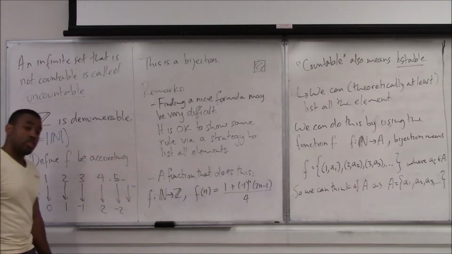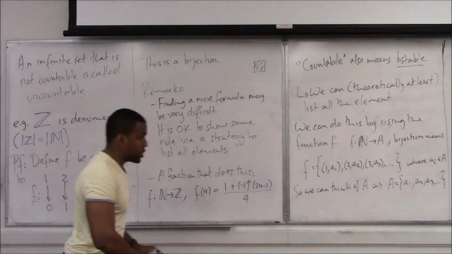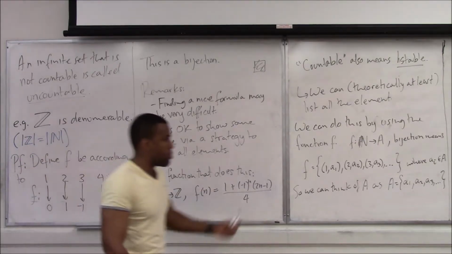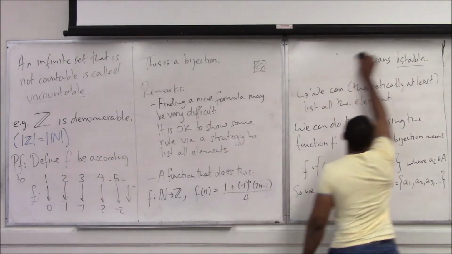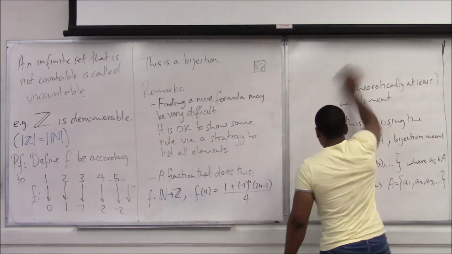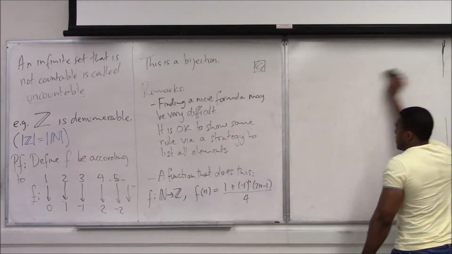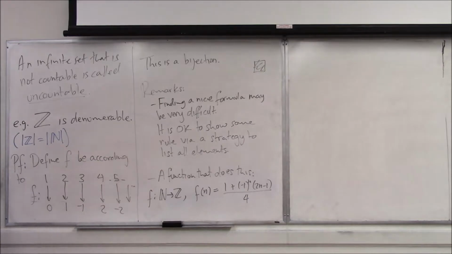So very nice if you can find a function to describe what you're talking about. Sometimes that's very difficult. It's okay to describe it by other means. Just make sure it is a rule that is a function. It's well defined, it's clearly understood, and it has the property of being able to list everything without missing anyone. So it turns out there are the same number of integers as there are natural numbers.